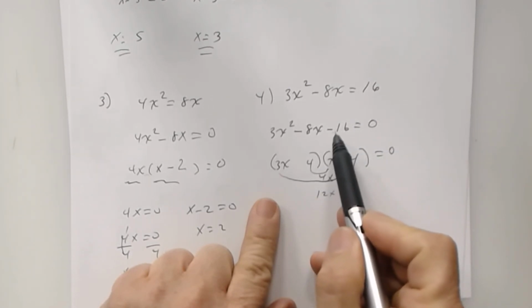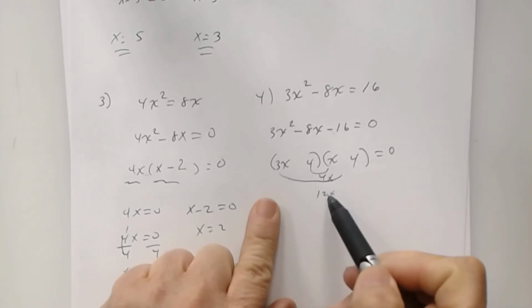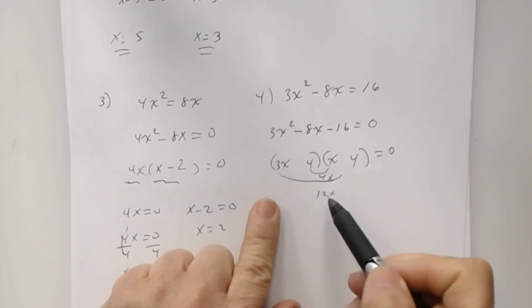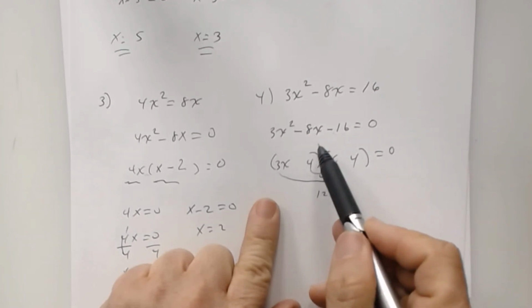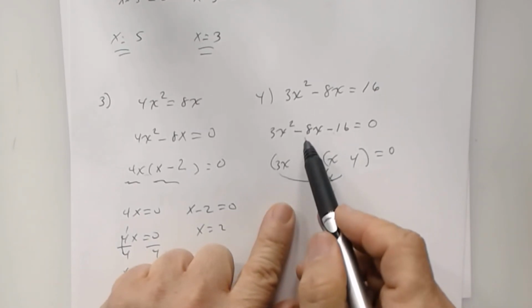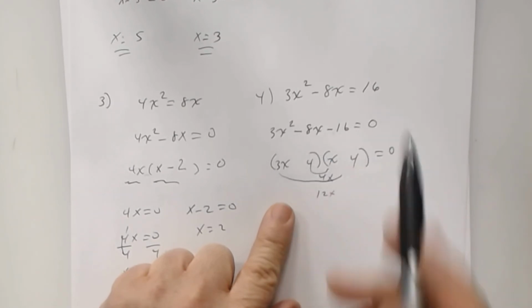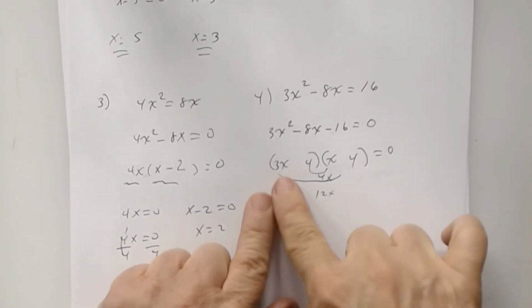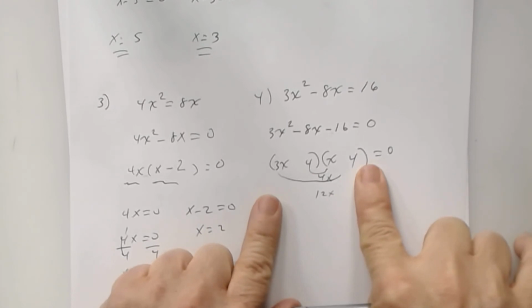Since the last sign was negative, that means I got to do what to these two terms? Add or subtract? Subtract. Do I get 8x? Yes, that's what I wanted. 12 minus 4 is what? 8. But I need this to be what kind of 8x? Negative. So that means the order I have is correct.